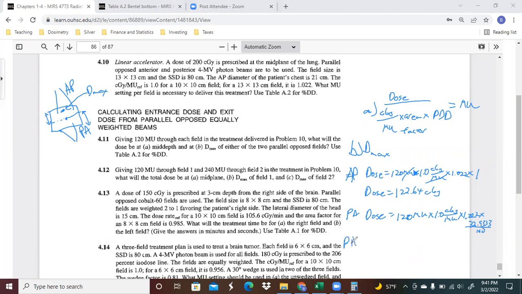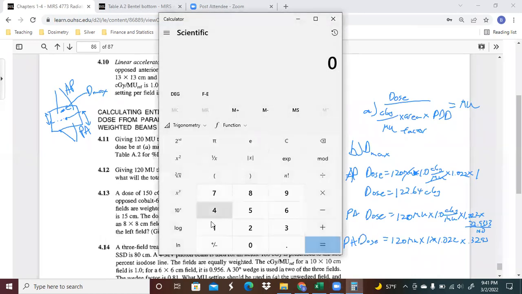So I end up with PA dose is equal to 120 MU times 1 times 1.022 times 0.3293. Doing all of that. So I get 120 times 1, which is just going to be 1 times 1.022 times 0.329333.